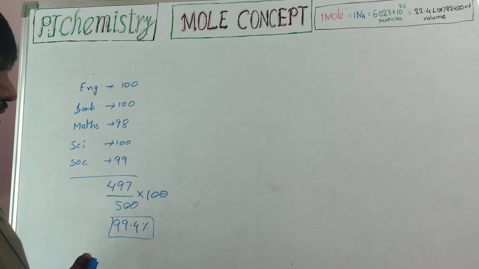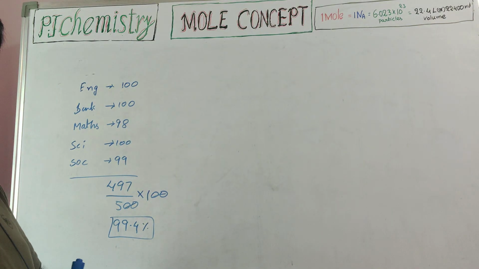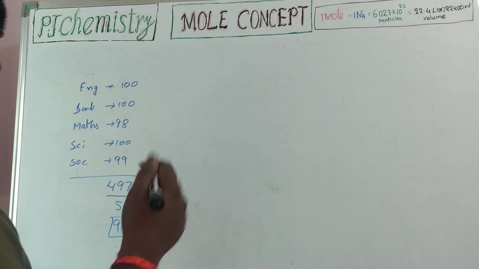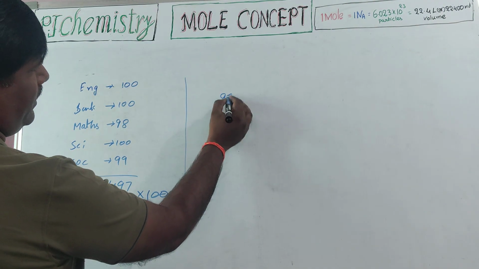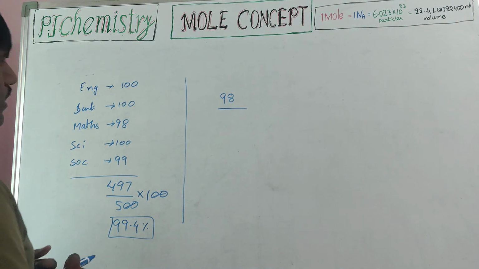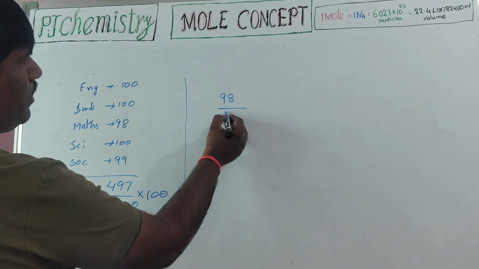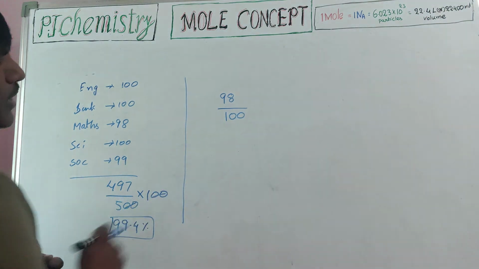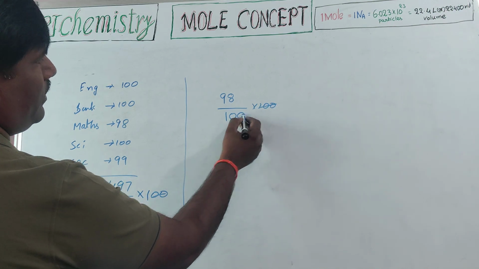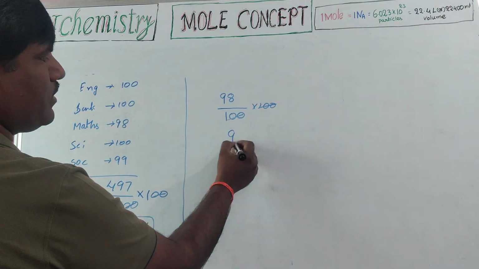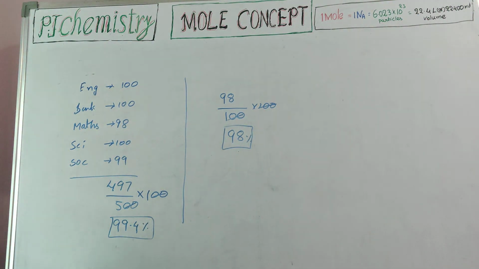For example, for mathematics, how much percentage did I score? The marks 98 divided by out of that subject 100 marks into 100. 100 cancel. In that subject he scored 98 percentage out of 100.